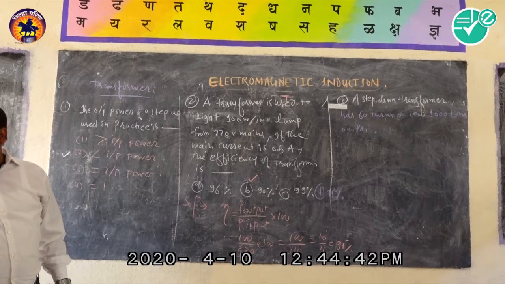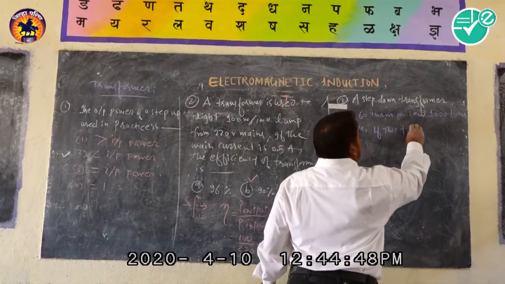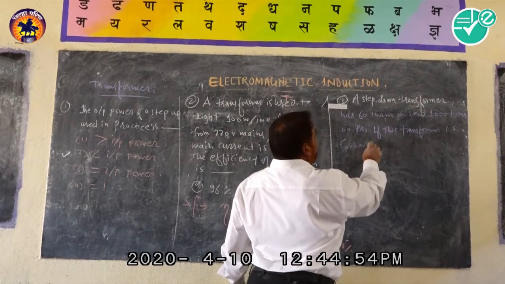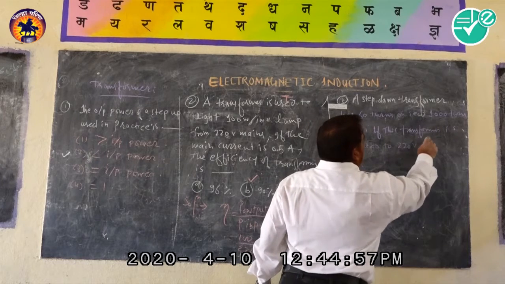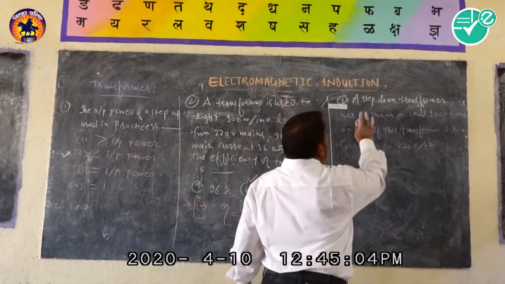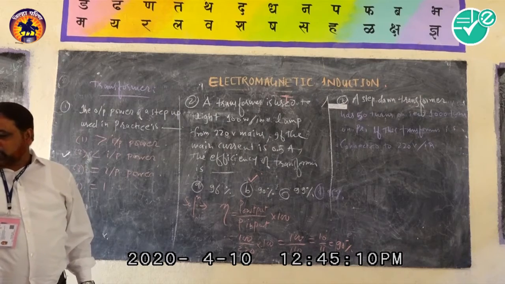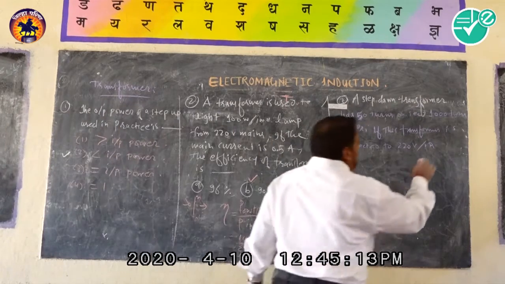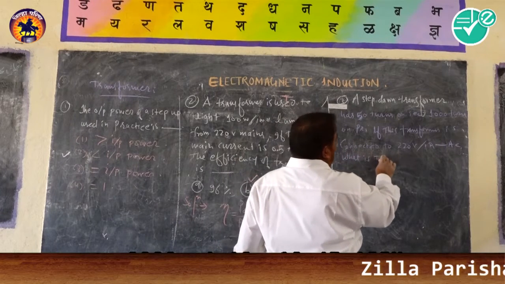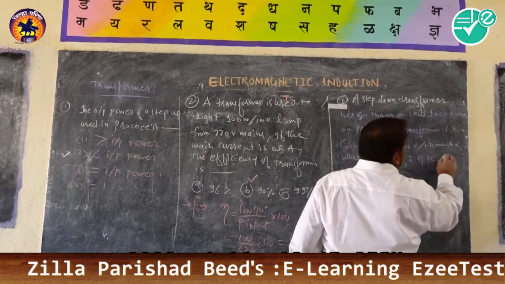If this transformer is connected to 220 volt and 1 ampere AC source, then what is the output current of the transformer?